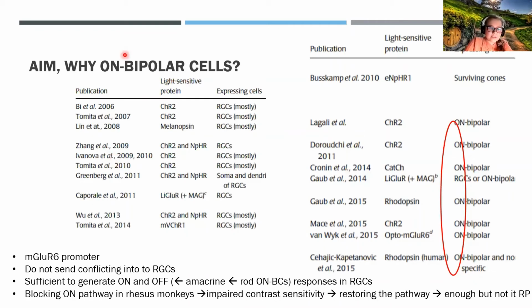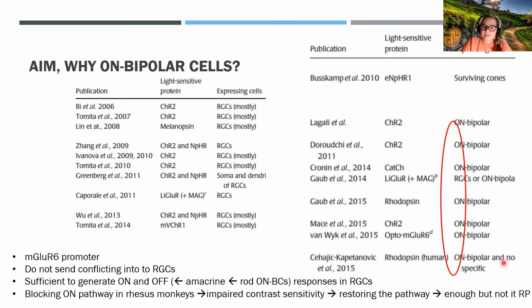So as you see in this picture, this is how everything started in 2006. It's all about channelrhodopsins, mostly channelrhodopsins, and retinal ganglion cells were targeted mostly. Later, as you see, in 2010 and 2015, mostly only on bipolar cells were targeted, not once retinal ganglion cells.